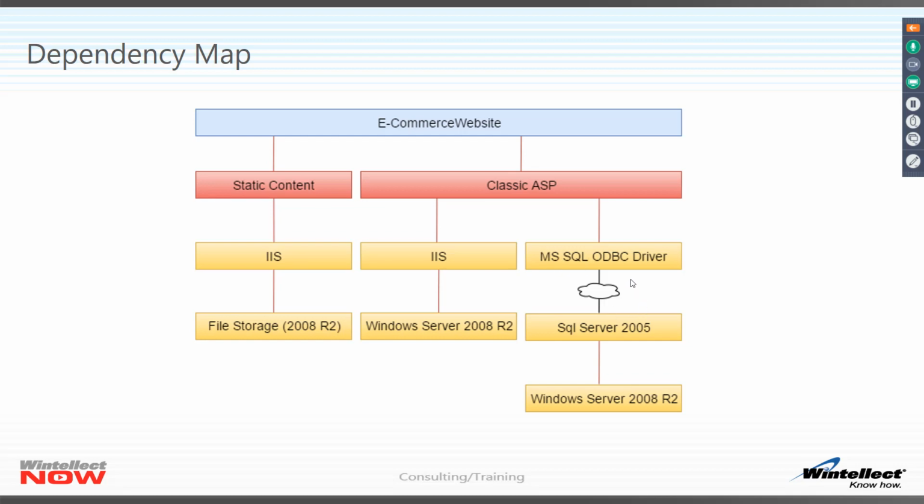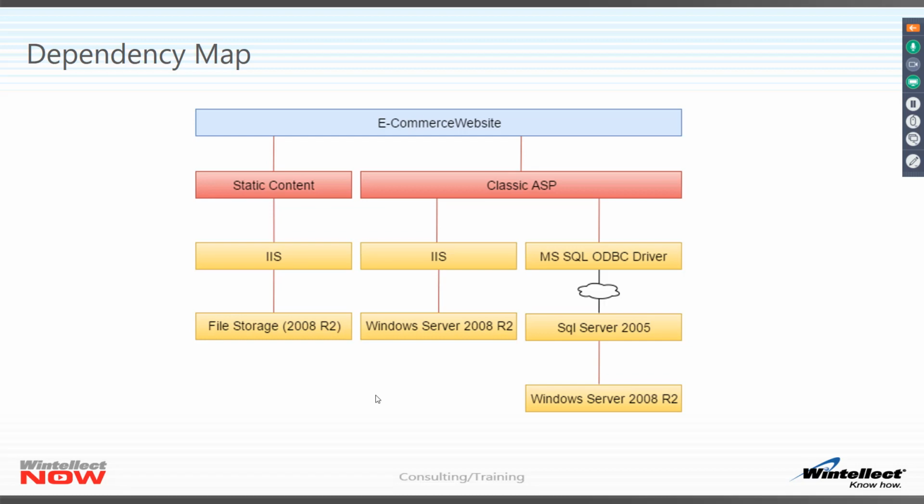It uses the MSSQL ODBC driver. It's not tied to a particular version of that, so I'm pretty at will to use whatever version I want as long as I can invoke that driver from Classic ASP. Then I should be okay. It's not tied to a particular version of SQL Server. It's not tied to a particular version of Windows. So these are all up for negotiation as to which one I use.